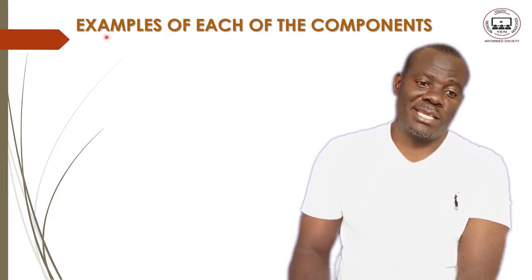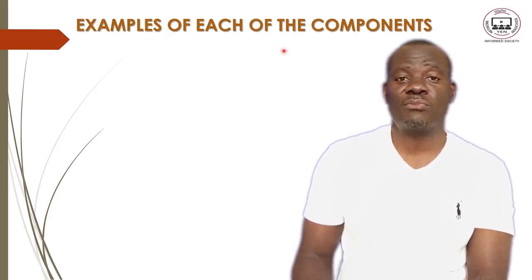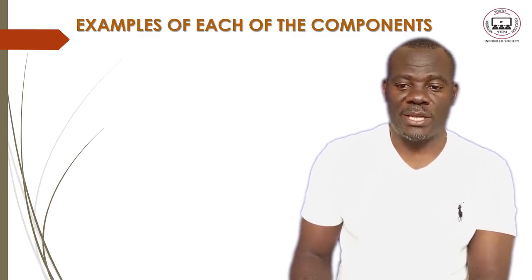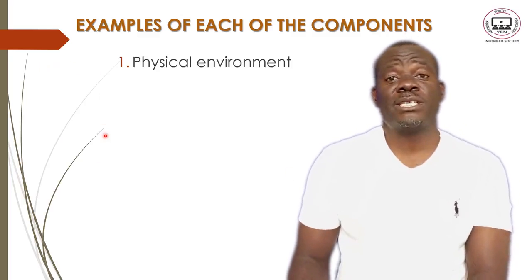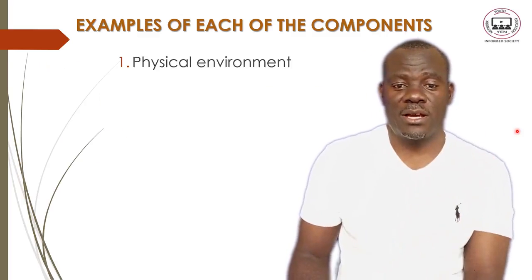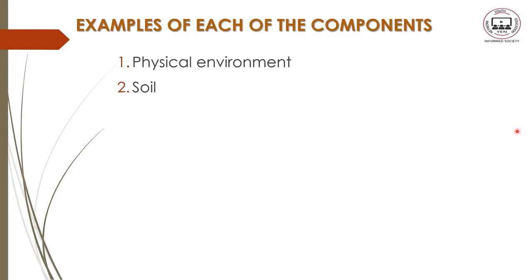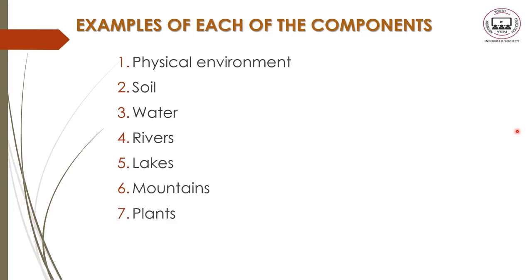Now, let us look at the examples. What can be the examples of each component of the environment? Let's start with the physical environment. What are the examples of the physical environment? We have the soil, the water, the rivers, the lakes, the mountains, the plants, we also have the animals.